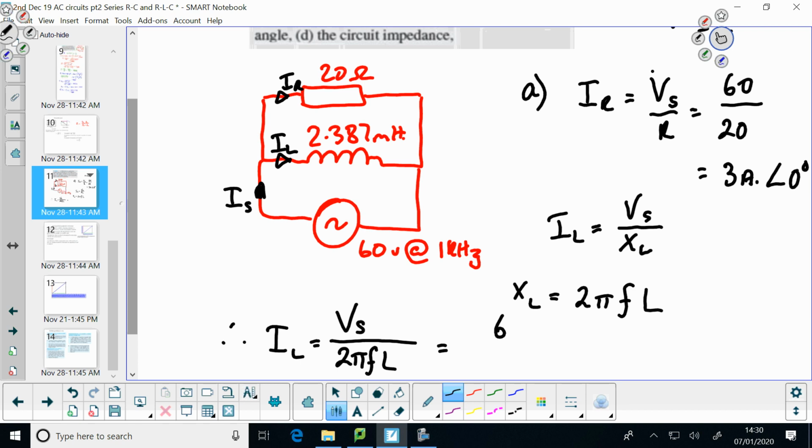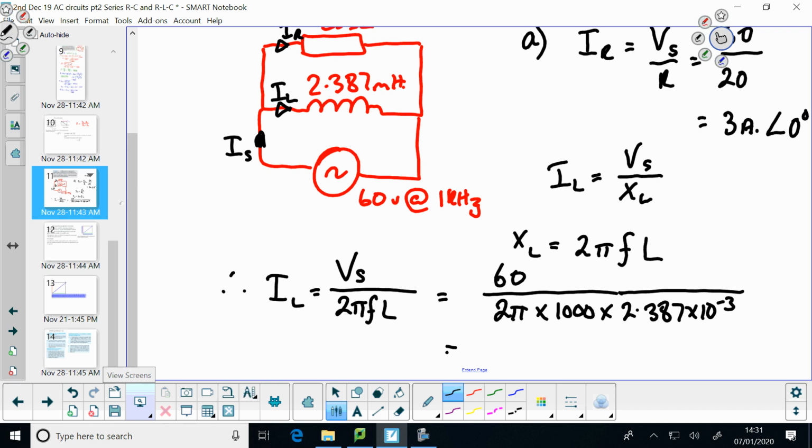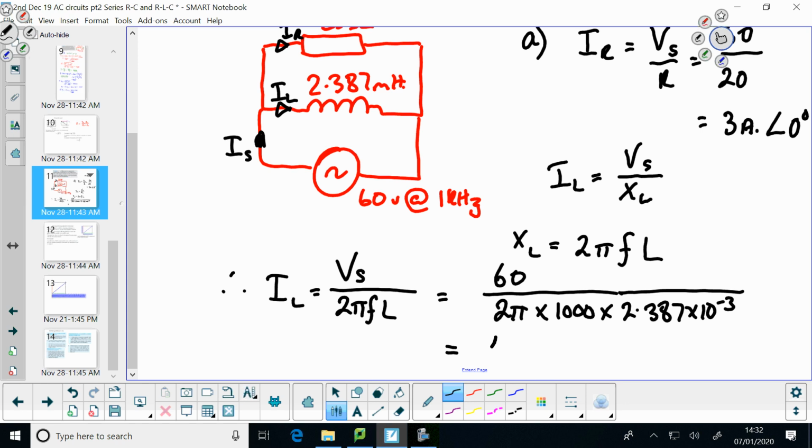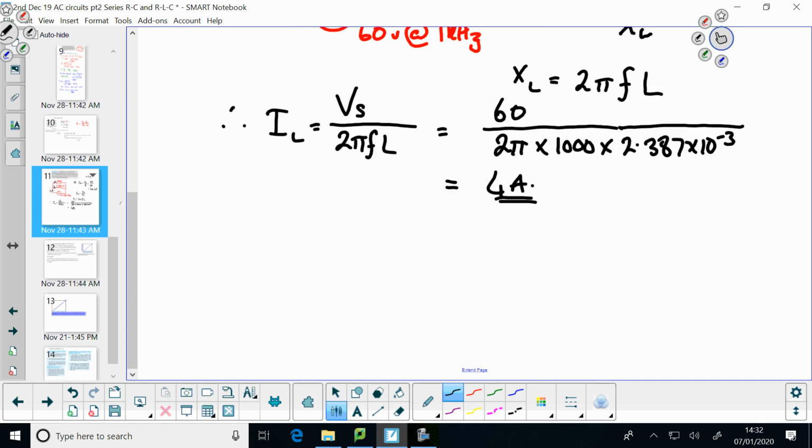Put the numbers in: 60 volts divided by 2 pi times 1000 times 2.387 times 10 to the minus 3. And what do we get? Yeah, 4 amps.